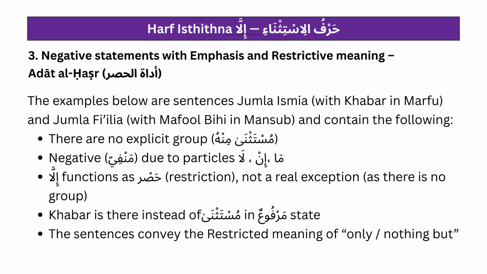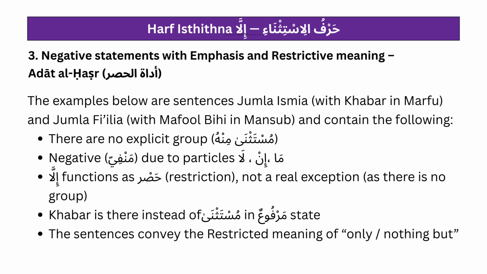Another point to notice is the grammatical structure of these sentences. Sometimes they appear as jumlatul ismiyah, a nominal sentence, where the khabar appears in the marfu' state. At other times, they appear as jumlatul fi'liyah, a verbal sentence, where the maf'ul bihi appears in the mansub state. But the key meaning remains the same. The sentence conveys a restricted meaning, often translated as only or nothing but.